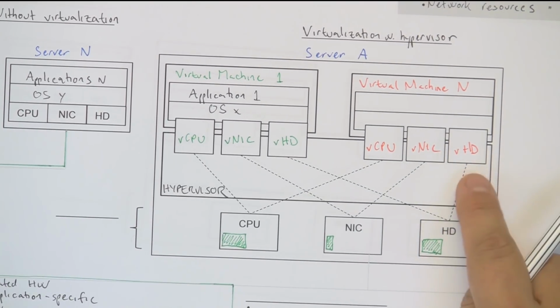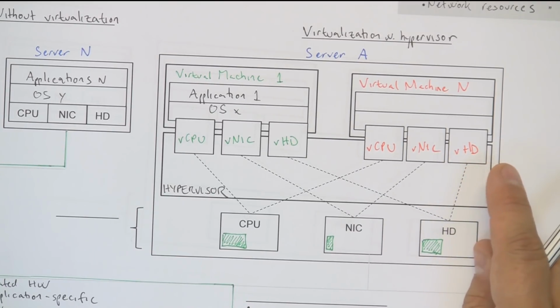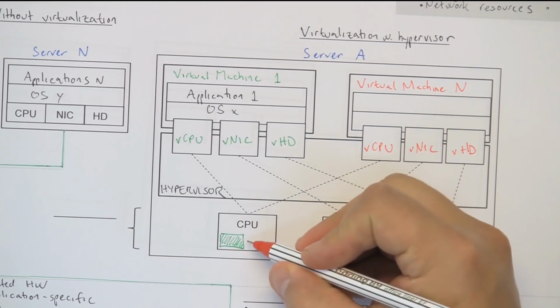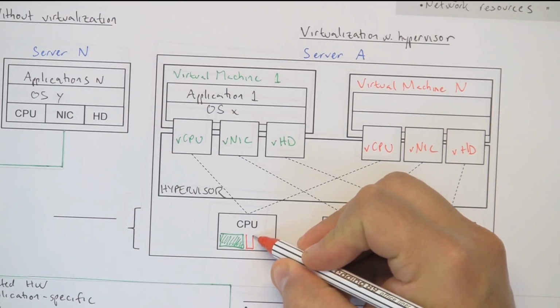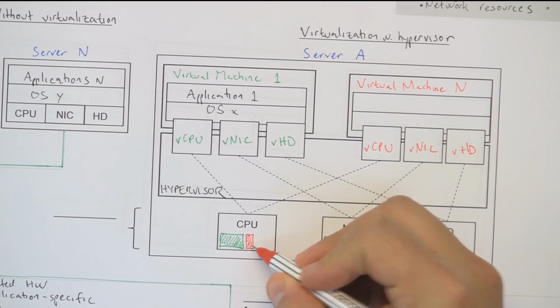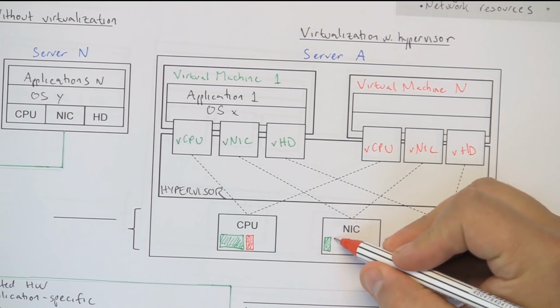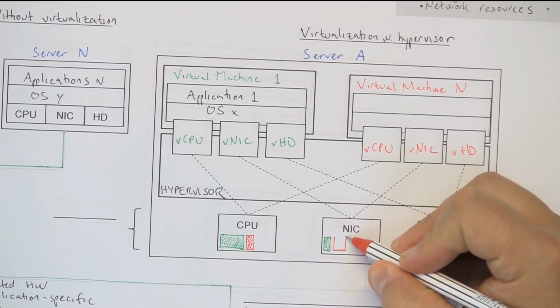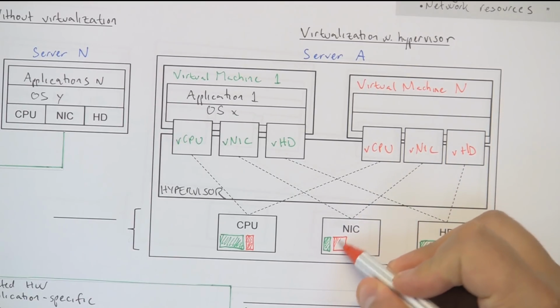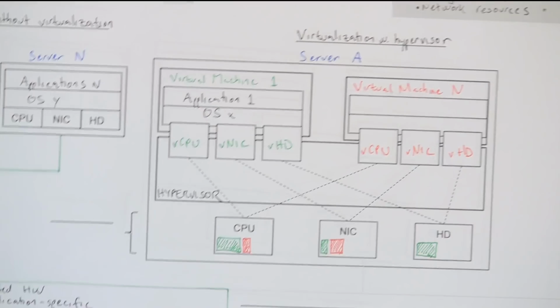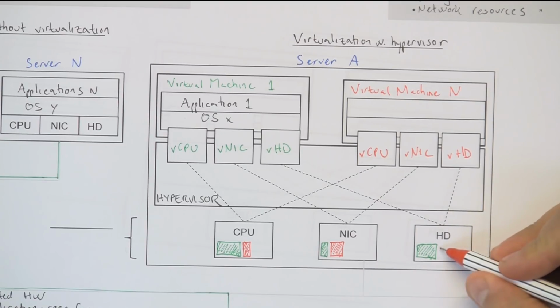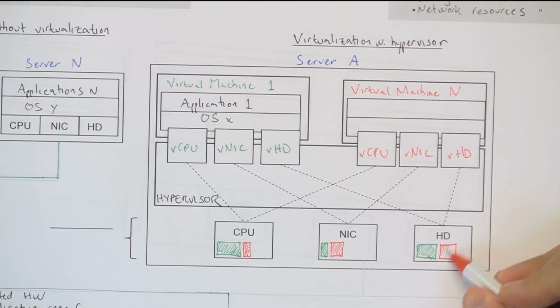And this is actually a little bit smaller when it comes to processing power, I have decided, arbitrarily. So I'm going to give it this amount of CPU. A little bit more network bandwidth, actually, for some reason. And let's say about the same amount of hard drive.